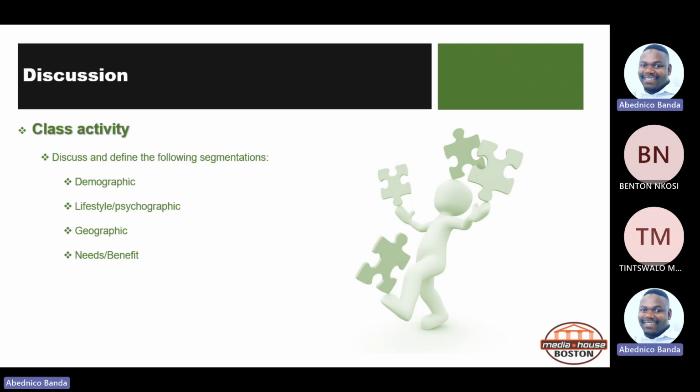Okay, we are going to look at that next week in class for lesson 13. But just to summarize, with demographic, you look at things such as gender, age, and education.